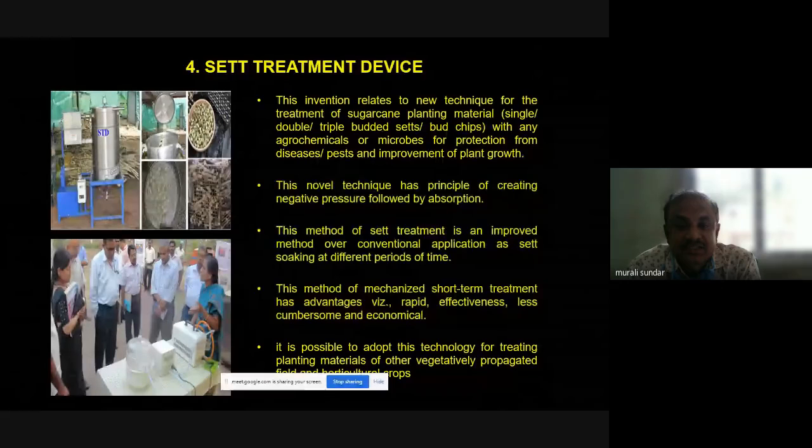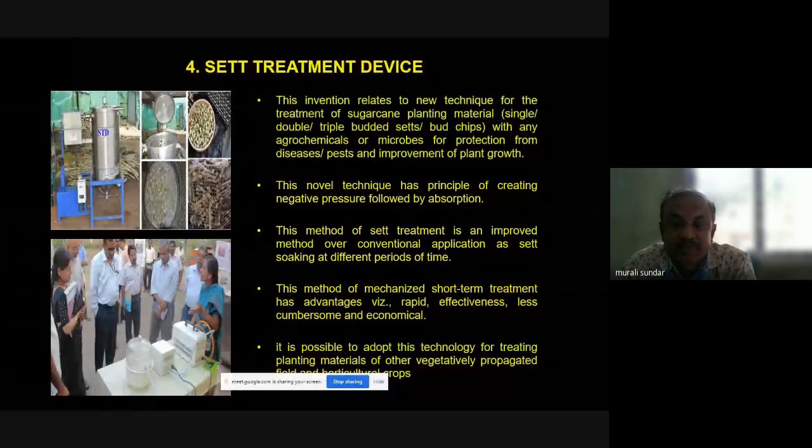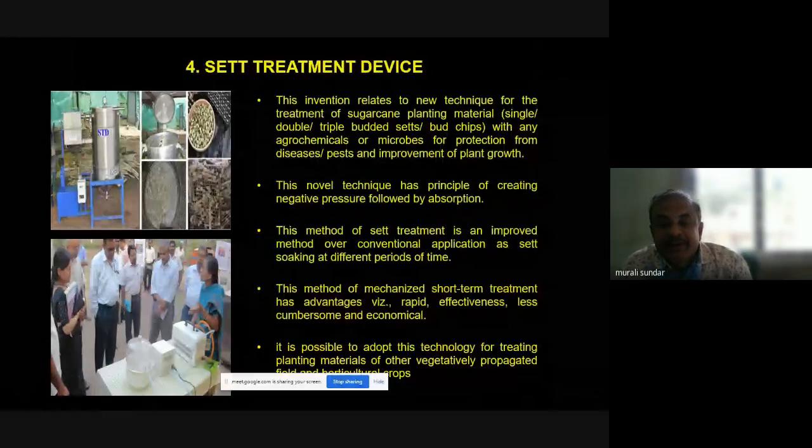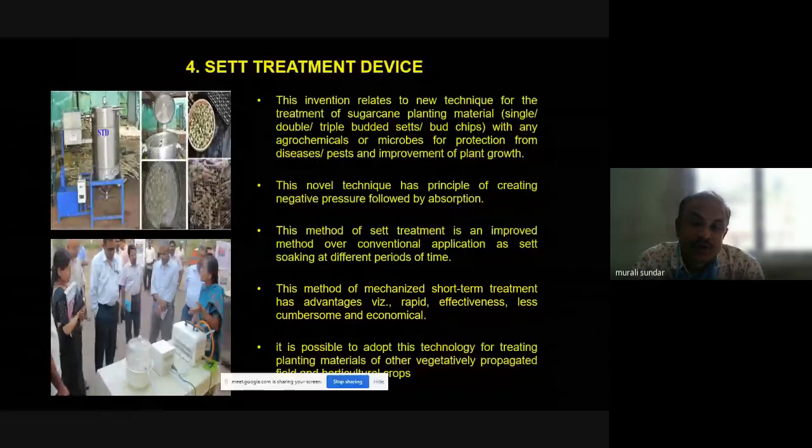This novel instrument works on the principle of creating negative pressure followed by absorption. This method of set treatment is an improved method over the conventional application of set soaking for different periods of time. This method of mechanized short-term treatment has advantages like being rapid, effective, less cumbersome, and economical. So it doesn't need any overnight soaking.